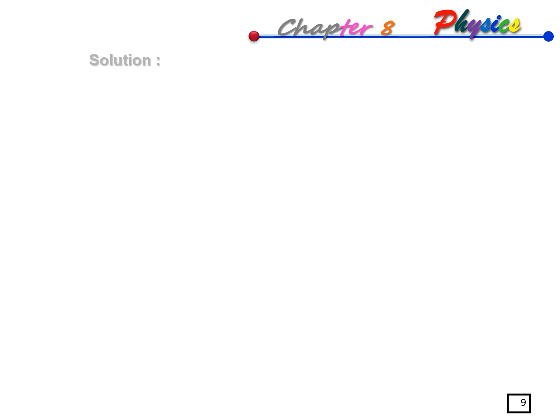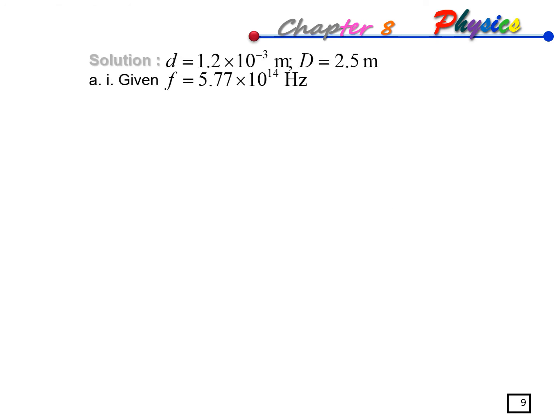Now for the first part, the frequency is given, so we can determine the wavelength by using the wave speed equation. The general equation is v equals f lambda.